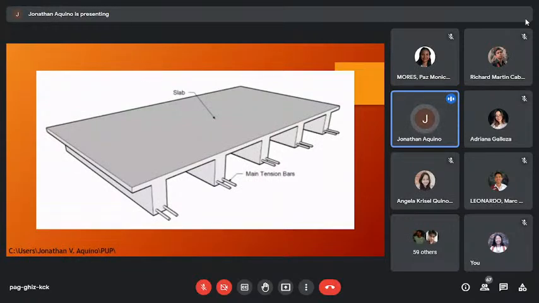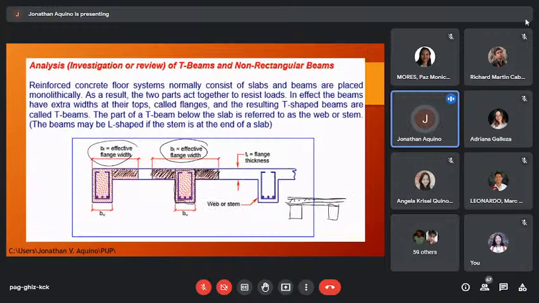So typical construction of reinforced concrete wherein the slab is built monolithically, although unang binubuhusan yung beam. Then after pouring the beam, binubuhos na yung slab. Pero minsan may makita kayong mga construction, binubuhusan nila yung beam hanggang dito lang talaga.